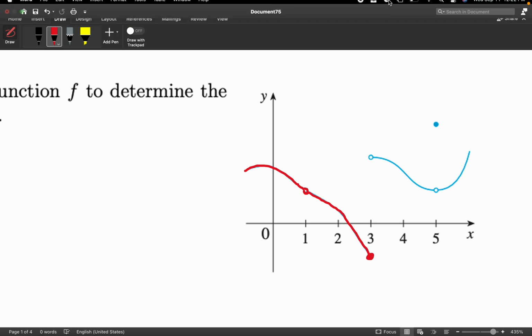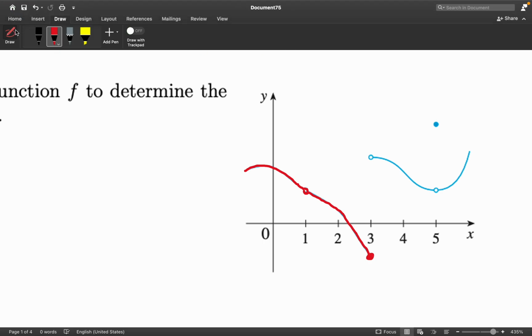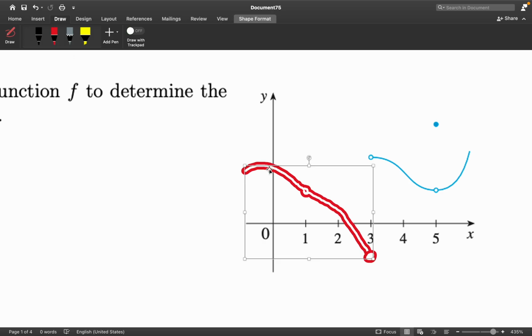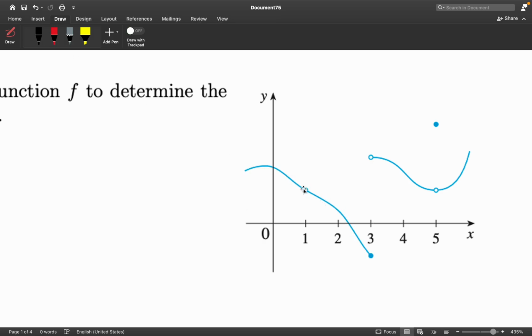But the problem with the definition of as long as I can draw it without picking up my pencil, it's continuous, is that I have this discontinuity. I have this hole here that tells me that this really isn't continuous. So yes, I could draw it without picking up my pencil, but this is not continuous.